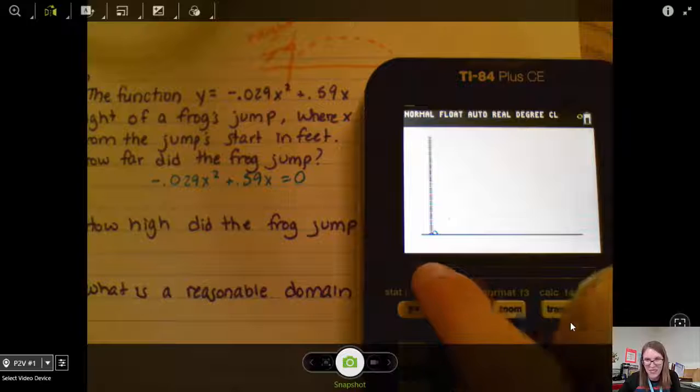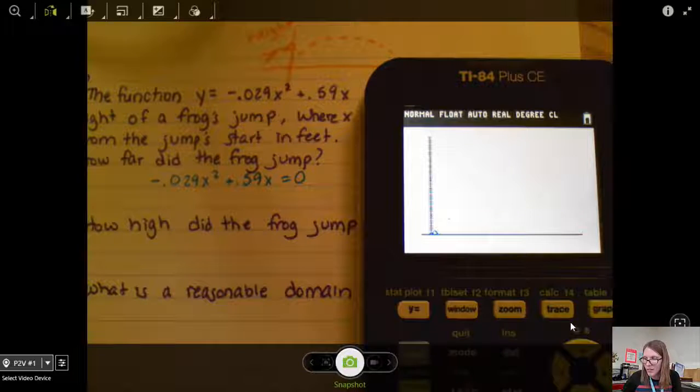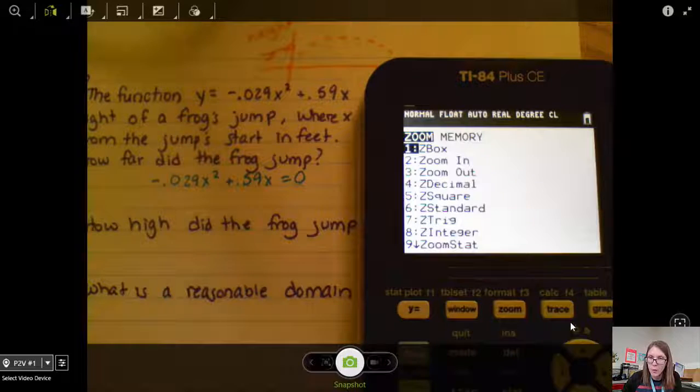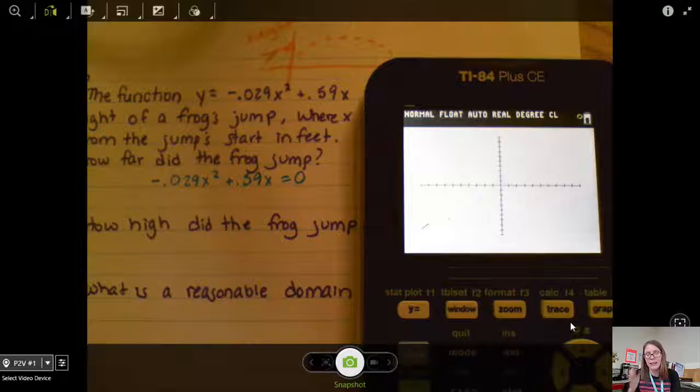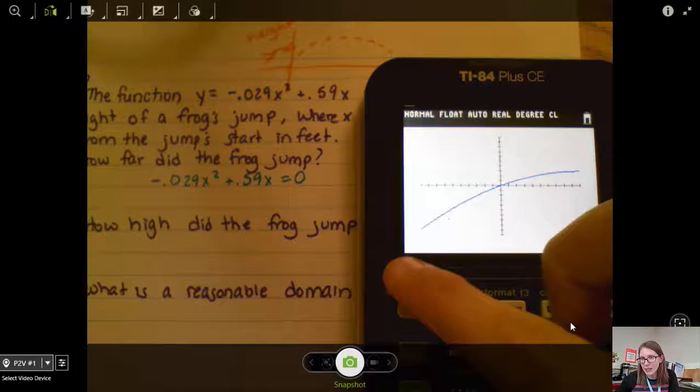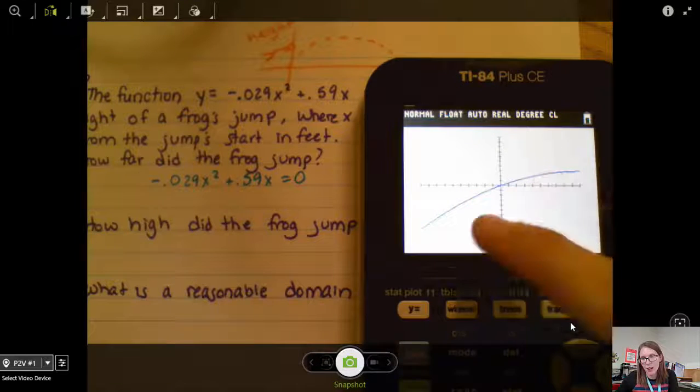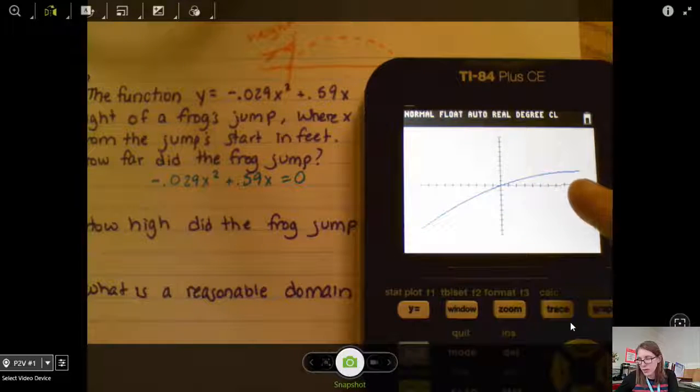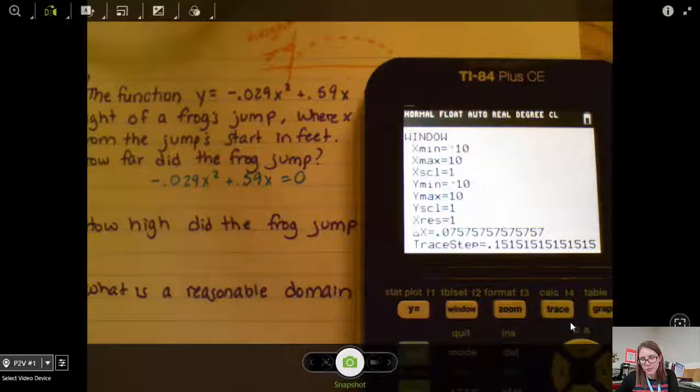Yeah, we definitely need to adjust this. Let's start off with that standard window. So zoom, standard, to get from negative 10 to 10, negative 10 to 10. And maybe this is all we need. We can see how our parabola is leveling off here, which means we're probably pretty close to our vertex.